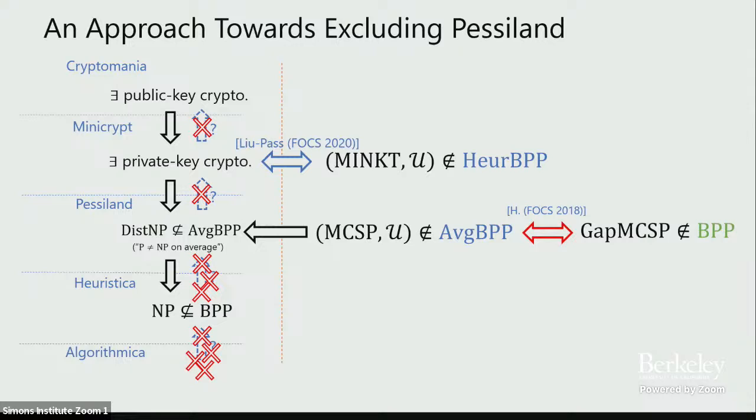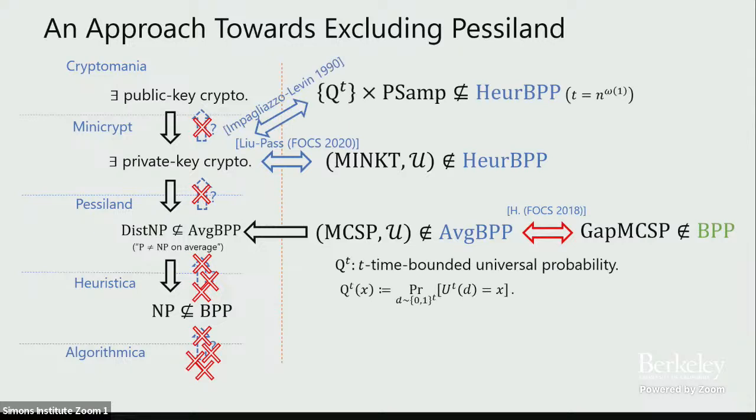And actually, there's a more classical result, a very nice result by Impagliazzo and Levin, which characterizes the existence of one-way functions by using a problem called t-time bounded universal probability, namely the average case hardness of t-time bounded universal distribution with respect to any polynomial time samplable distribution. The main difference is that in the Liu-Pass result, they consider a uniform distribution, but in Impagliazzo-Levin's result, they consider any polynomial time samplable distribution.